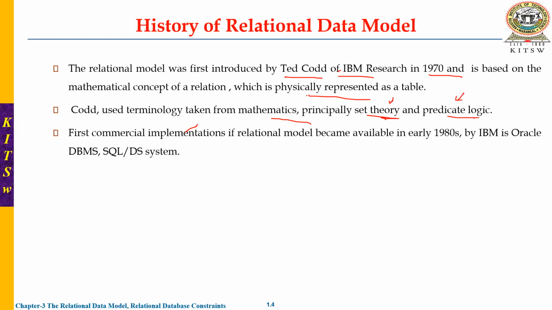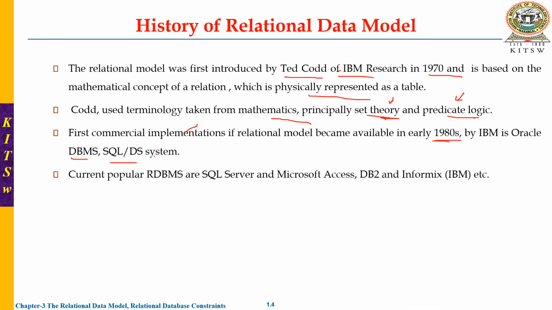The first commercial implementation of the relational model became available in the early 1980s with IBM's DBMS and SQL/DS systems. Current popular RDBMSs are SQL Server, Microsoft Access, DB2 and Informix. The standard for commercial RDBMS is SQL, that is Structured Query Language.